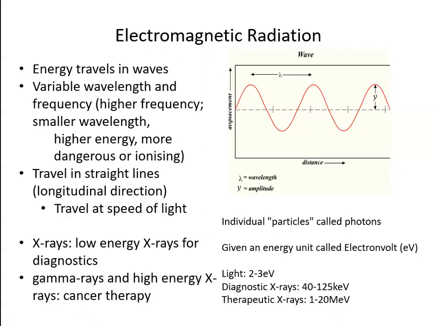Some therapeutic X-rays, if you're using them for superficial tumours, will be not much above this range, but then when we're doing therapeutic X-rays for external beam radiotherapy for something like an internal tumour, you'd be going up to as high as 20 mega electron volts. These are very, very high energy X-rays, really, really short wavelength.